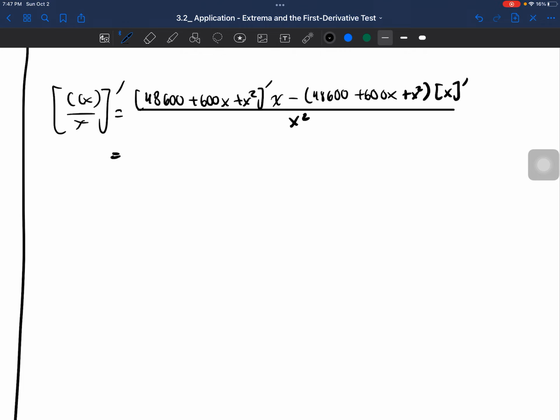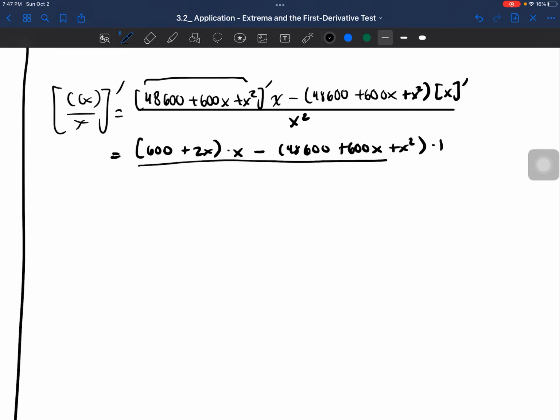So if we take the derivative of this, we just have to focus on doing the derivative of this part first, which is going to be 600 plus 2x times x minus the 48,400 plus 600x plus x squared. The derivative of x is 1.